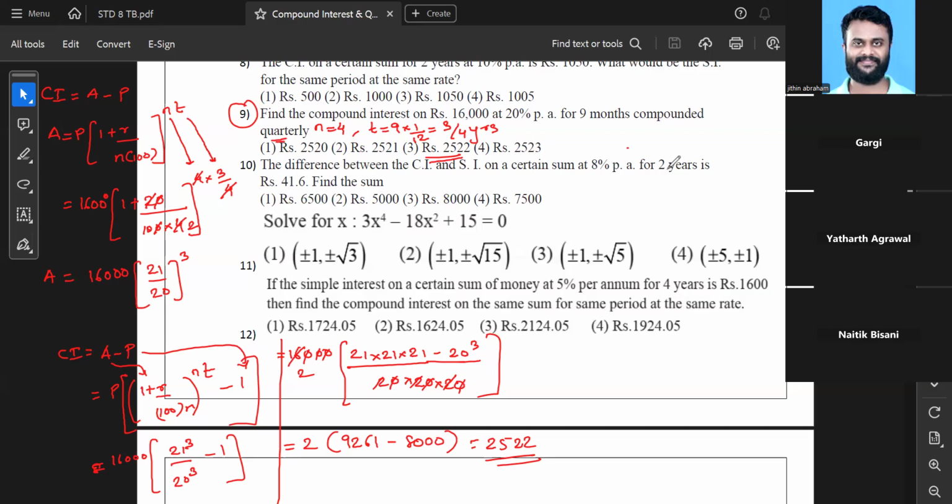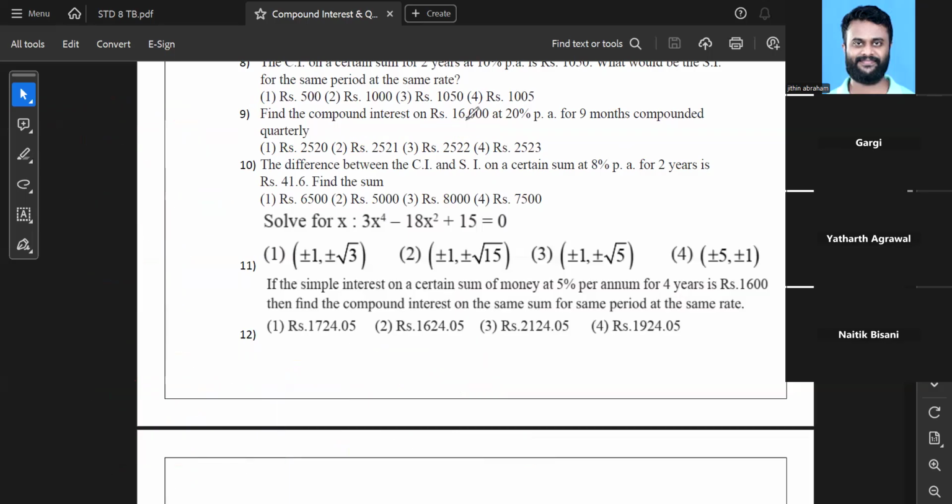Alright. So let me solve with another method now. So now you can use this in a different logic. If the interest is compounded quarterly, this is the first quarter, second quarter, third quarter, fourth quarter.